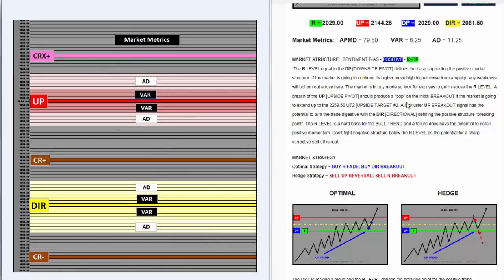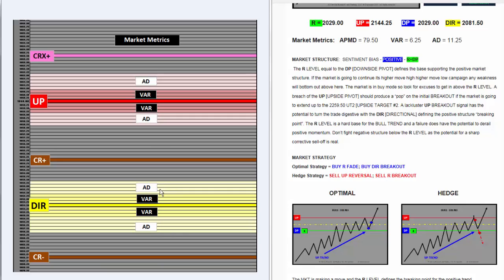The other metrics we have are the variance around an inflection point. So we can identify that kind of the area of influence. And we have a variance, which is really the optimal entry area. This month, the variance is 6.25 points in the S&P. And then we also have what we call our alert distance. And so this is the big sweet spot.